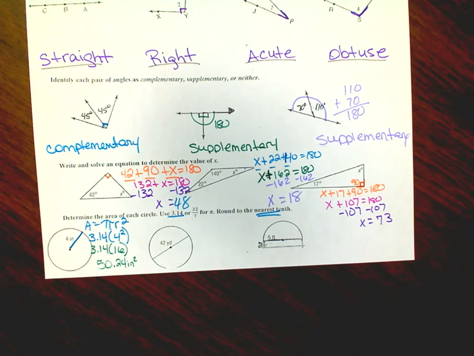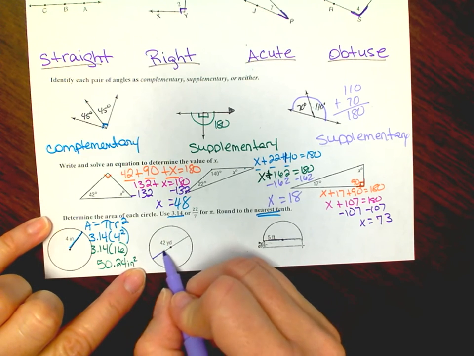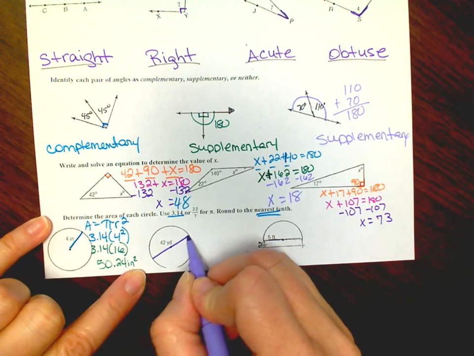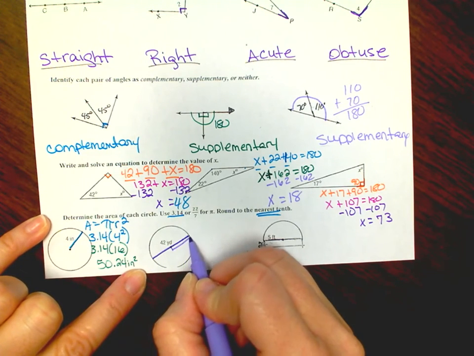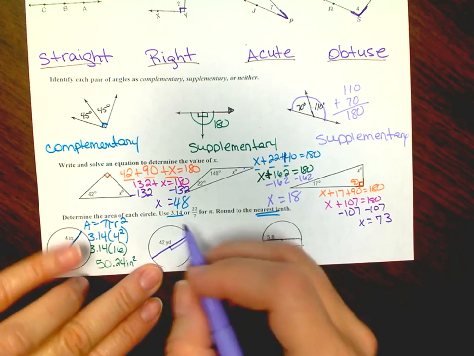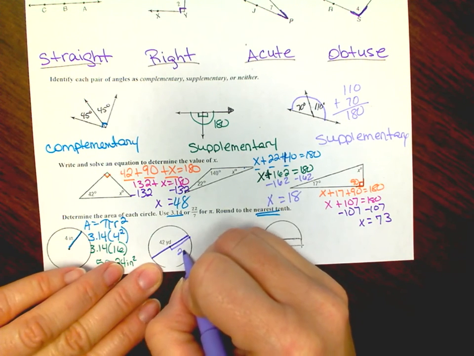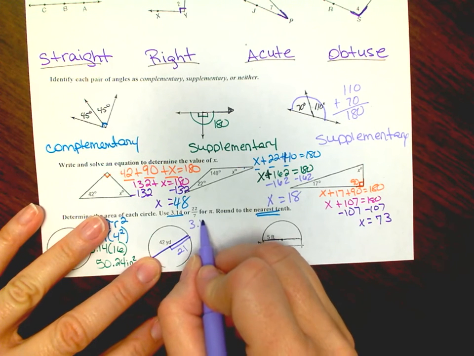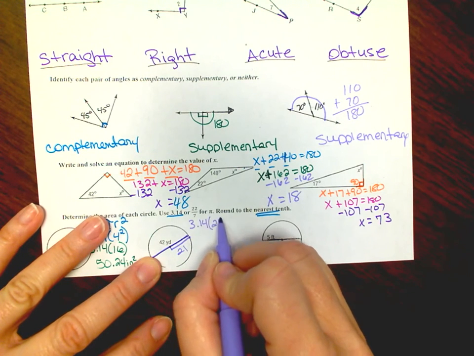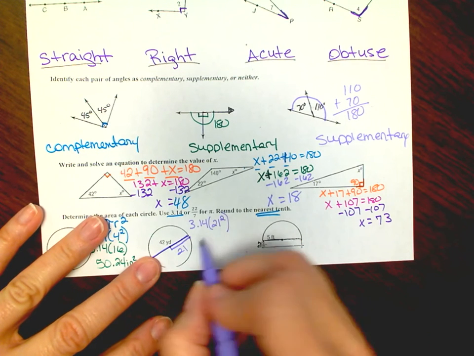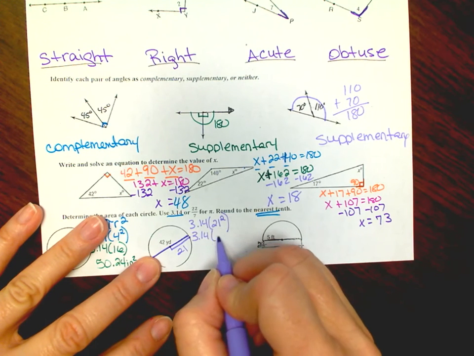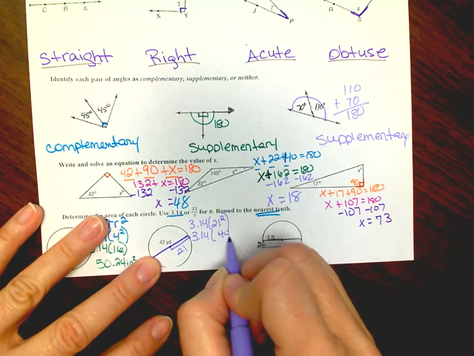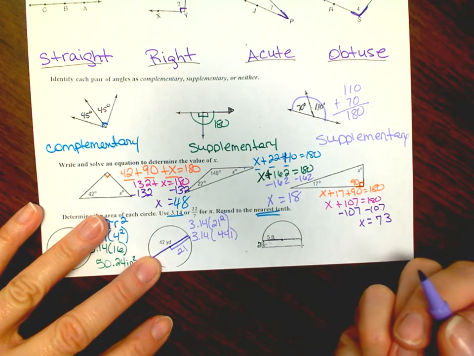And for the next one, do not let it fool you. They're giving you the diameter. As soon as you see this, I would go and draw another line to put your radius. Your radius is going to be 21. So in my formula, it's going to be 3.14 times 21 squared. 21 squared is going to be 441.